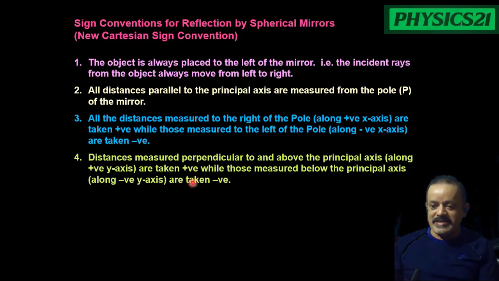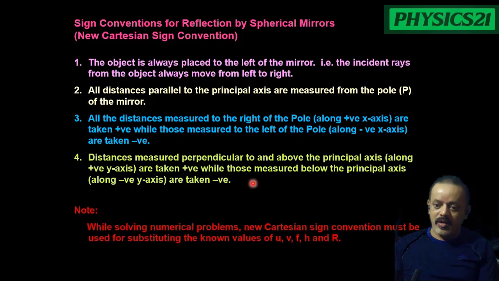Finally, distances above the principal axis, along the positive direction of the y-axis, are taken as positive, and below the principal axis, along the negative direction of the y-axis, are taken as negative. When we solve numerical problems, we will substitute the values of u, v, f, h, and r according to the proper sign convention.